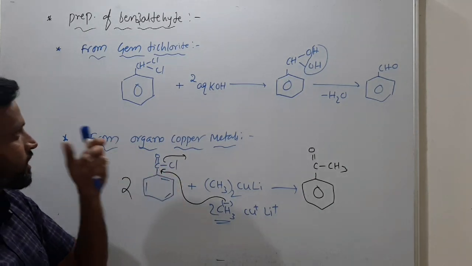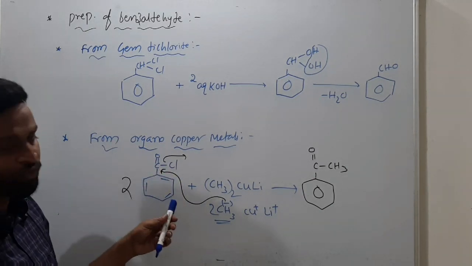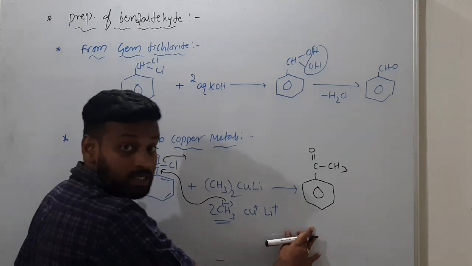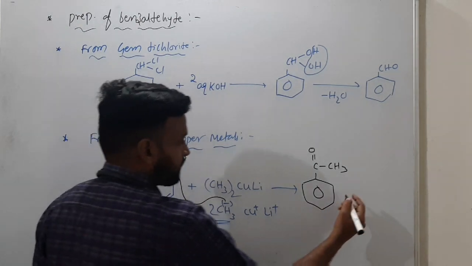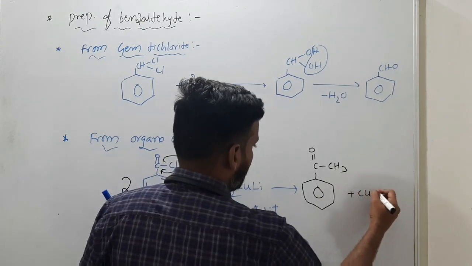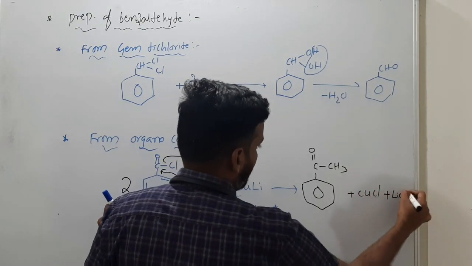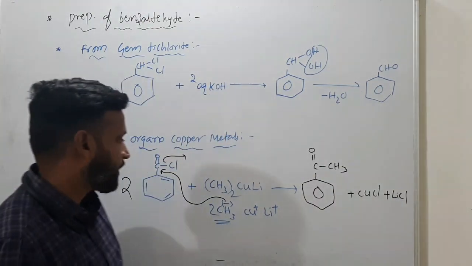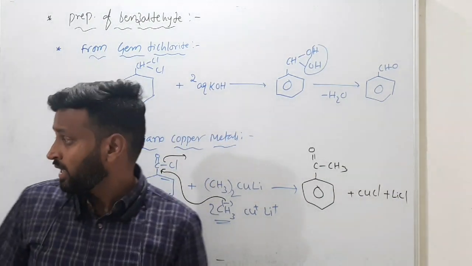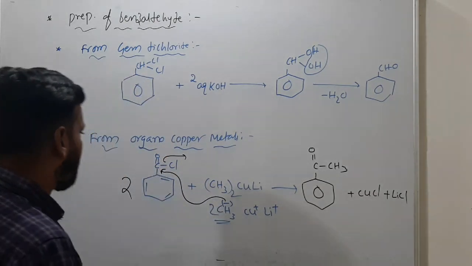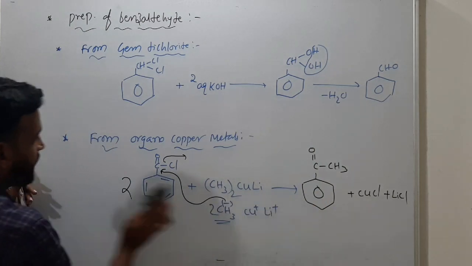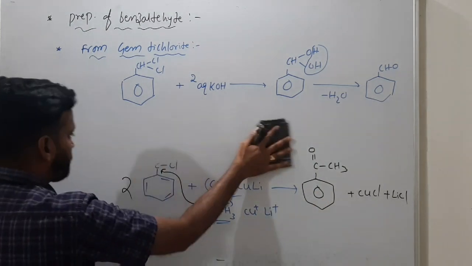Preparation of aldehyde was given, and here preparation of ketone. It is acetophenone. Along with that, you get cuprous chloride and lithium chloride. Got it? One is the benzaldehyde preparation, and here the acetophenone preparation.